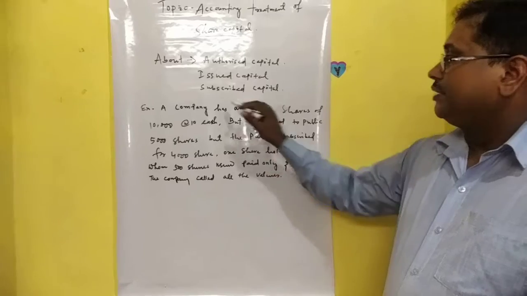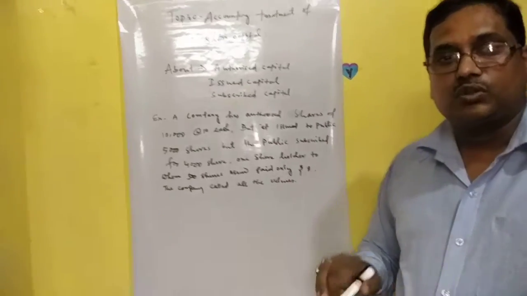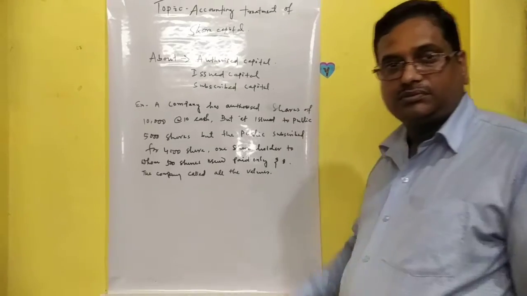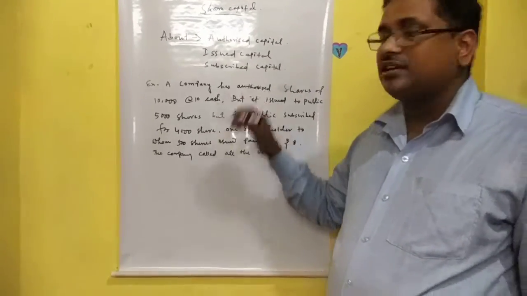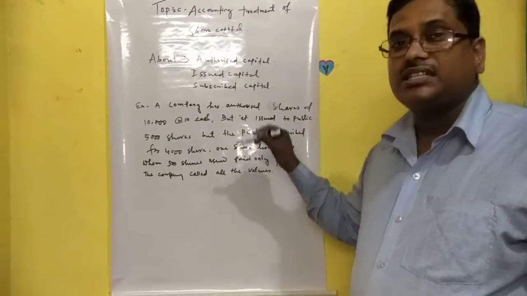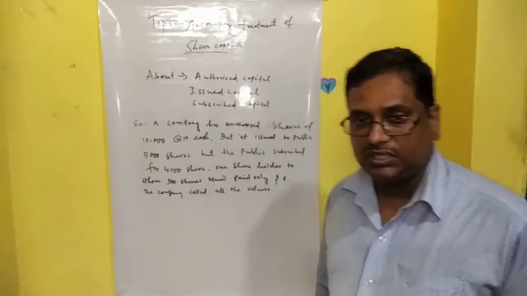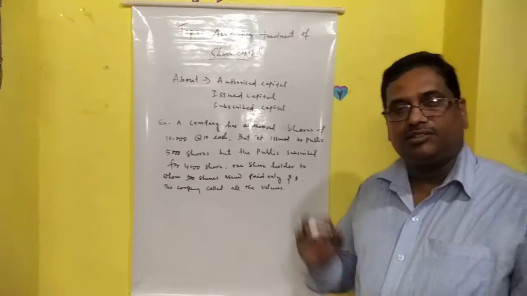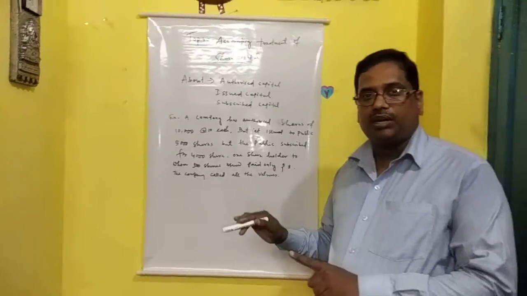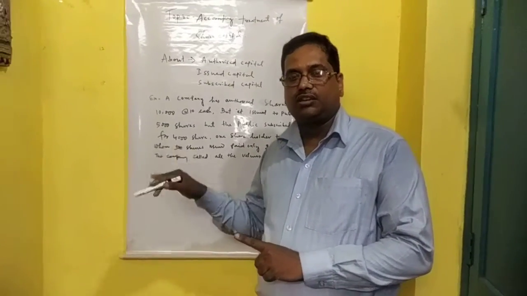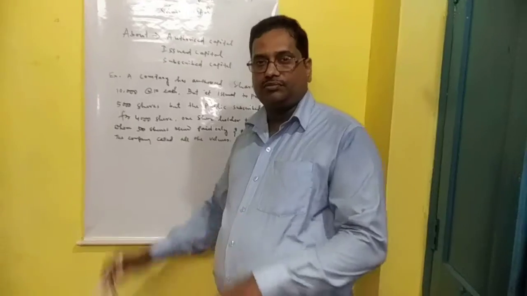Now subscribed capital is divided into two parts. One is subscribed and fully paid up. Second is subscribed but not fully paid up. So how will you identify subscribed and fully paid up? When the company called the full amount and the public paid the full amount, that is called subscribed and fully paid up.